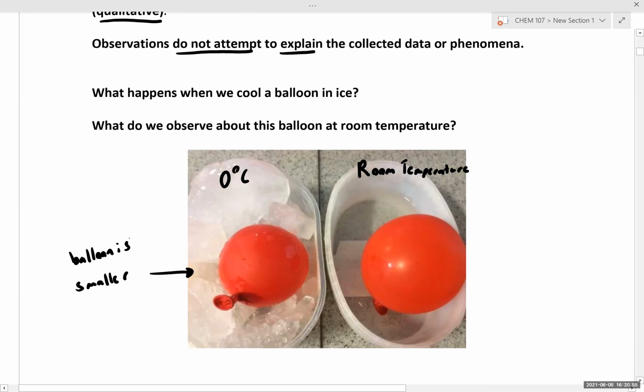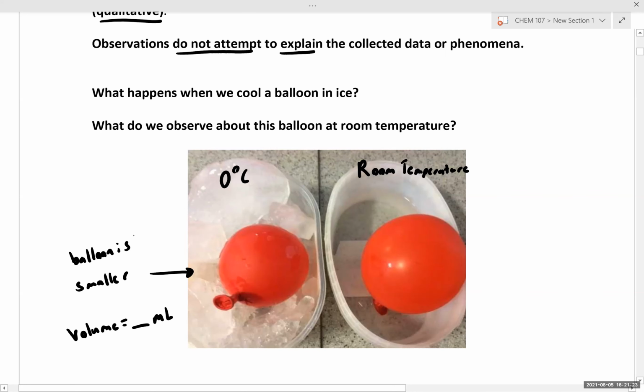Now, that's a qualitative observation. We can collect quantitative data and we can record the volume as some value with a number and a unit. So you can record the volume in milliliters, certainly. So observing and qualitatively describing the size of the balloon, that's a qualitative observation.